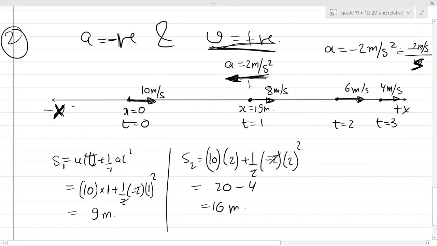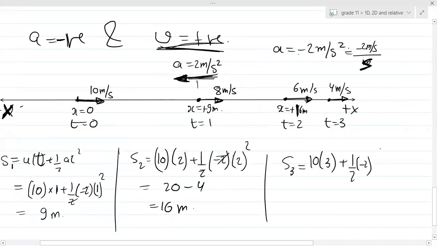So can you see this is 16 meters? And then after this S3 will be how much? 10 into 3 plus half into minus 2 into 3 square. So this will be 30 minus 9, 21. So x is equal to 21 meters.